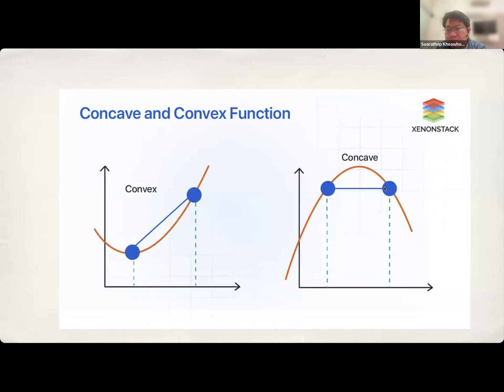We call it a non-convex function. Note that a linear function is also an extreme case of a convex function.